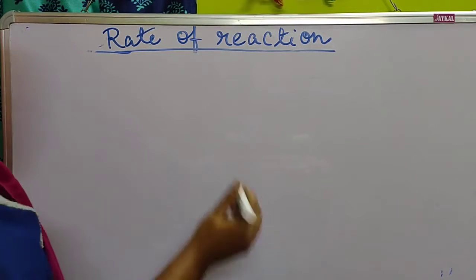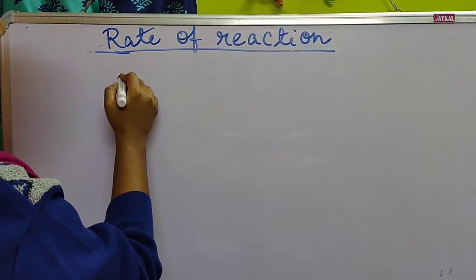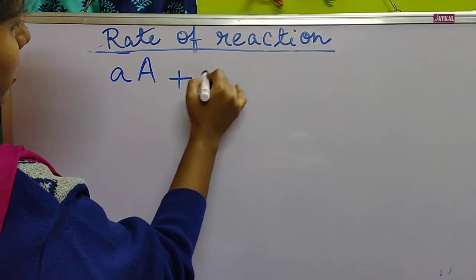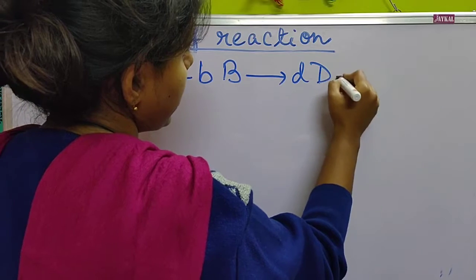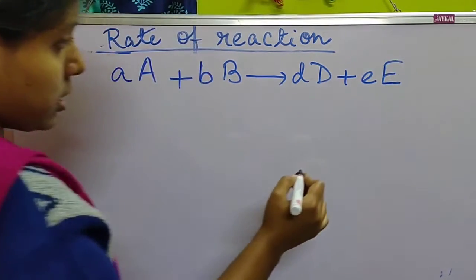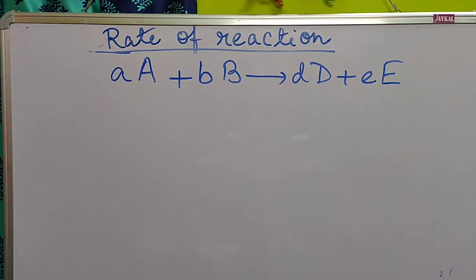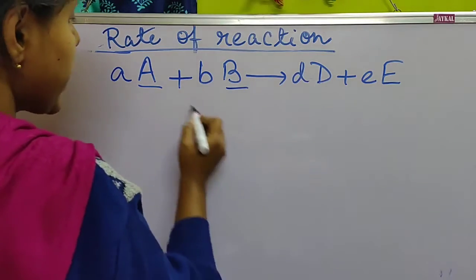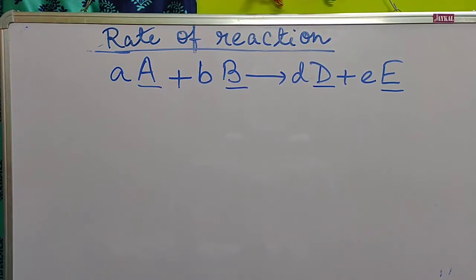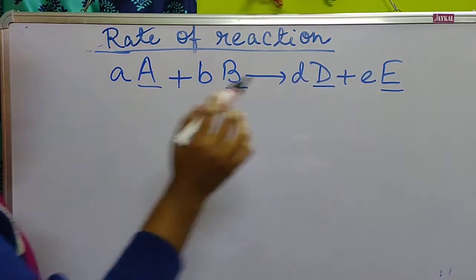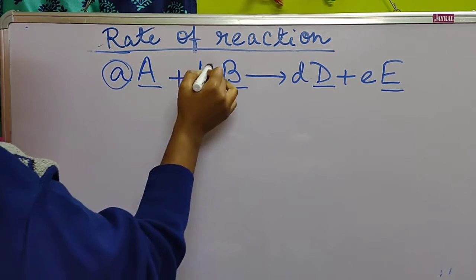Suppose a general chemical reaction is this: small a A plus small b B gives small d D and small e E. First I am explaining this chemical reaction. Here two reactants are present, A and B, and two products have been formed, D and E. Now just see small a and small b.